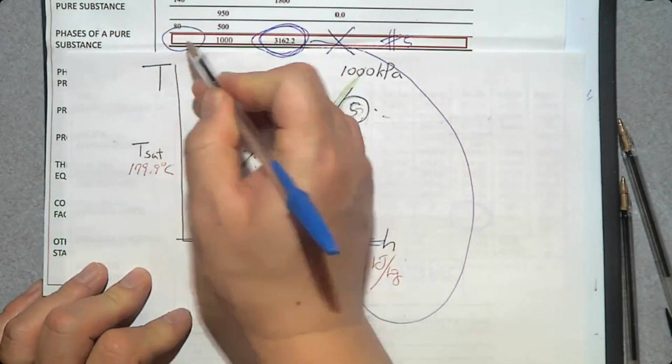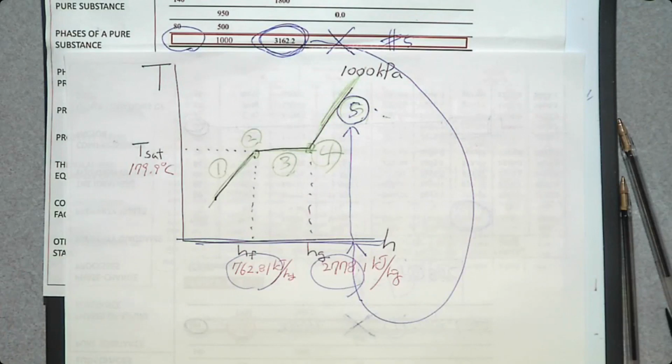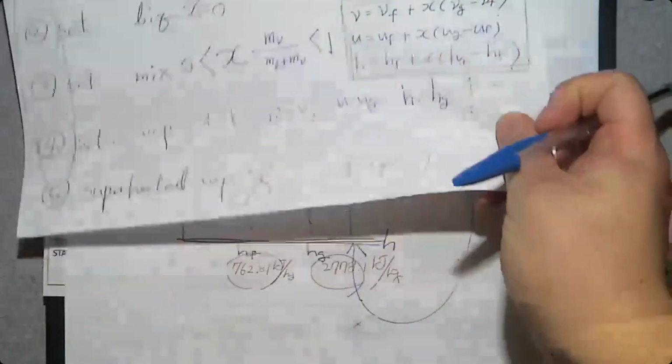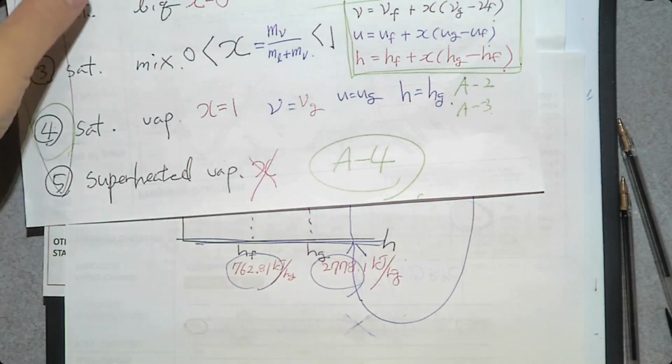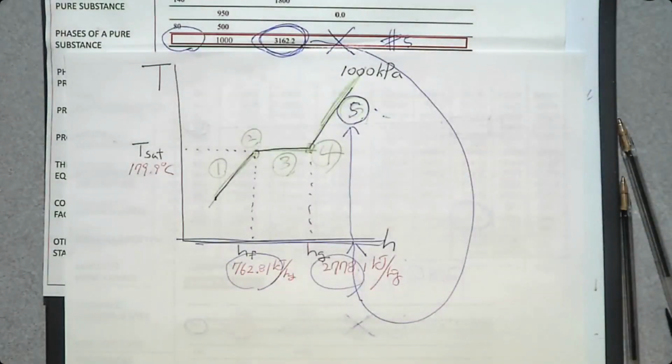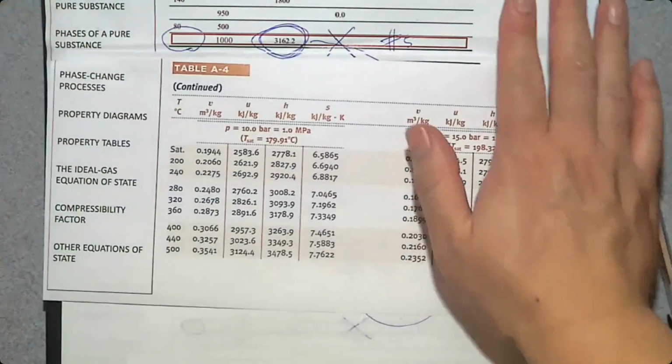What is the temperature? So now we want to determine the temperature of superheated vapor. If we have superheated vapor, how do you find its property? Table A4. So let's go find table A4.